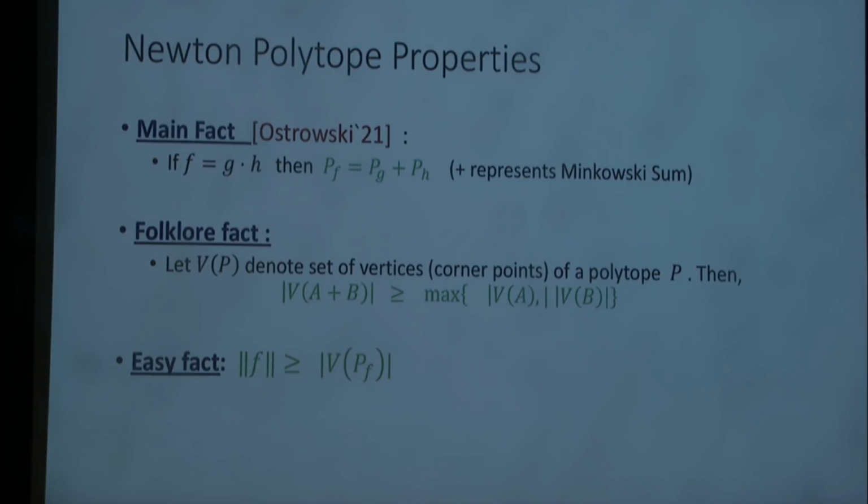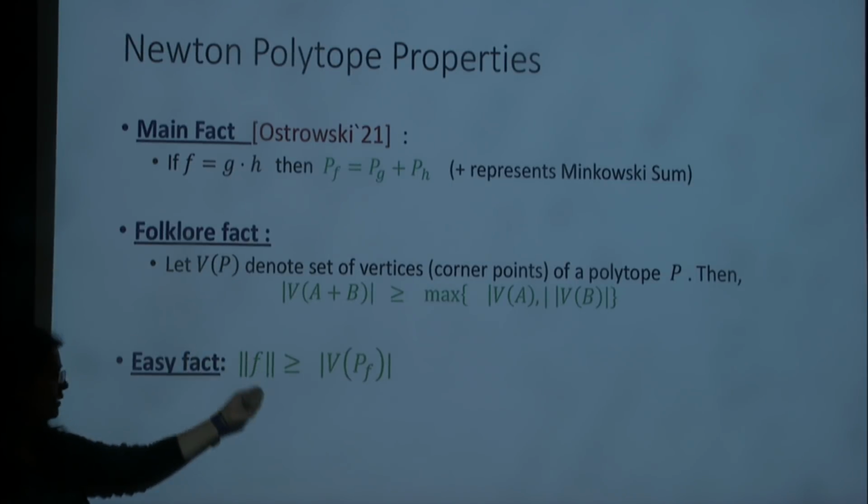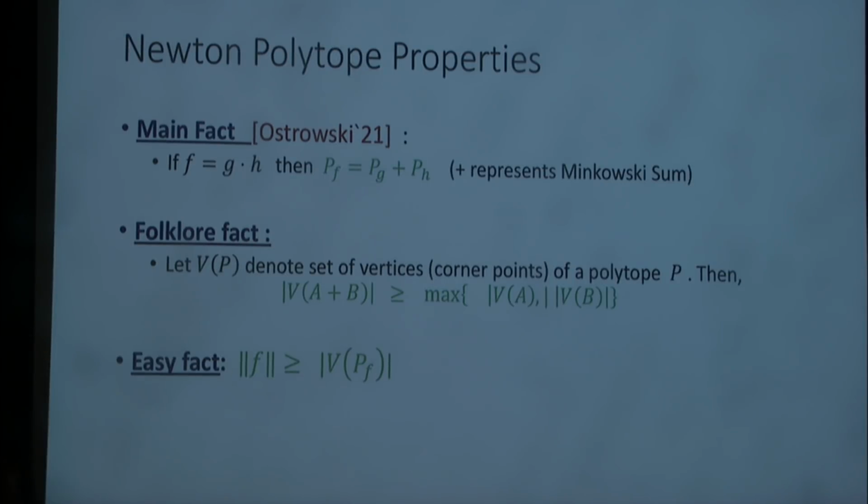So the three facts about polytopes we will use are that fact, this fact, and this easy fact, which is that the number of monomials of a polynomial is at least the number of corner points of its Newton polytope. Because how do you get your Newton polytope? You looked at the exponent vectors of all the monomials and took their convex hull.